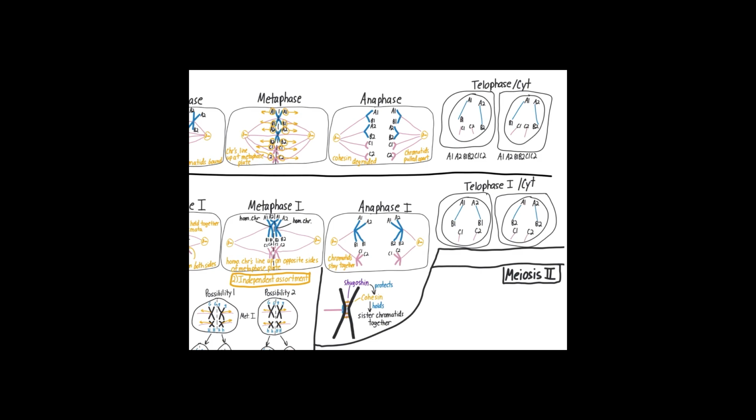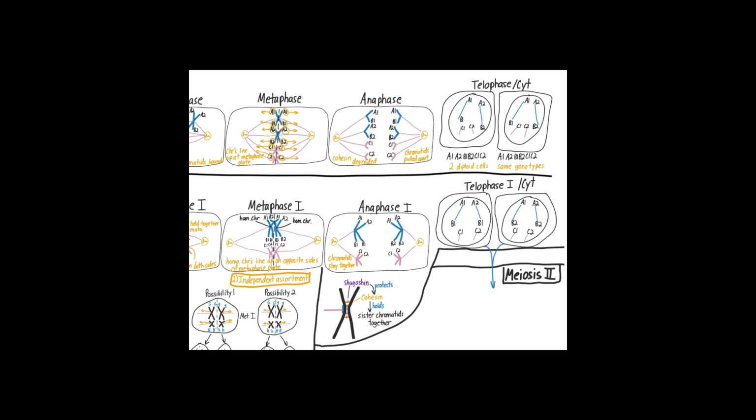Again, because the same alleles are getting pulled to either side, this produces two diploid cells with the same genotype. By this point, the chromosomes have also decondensed and the nuclei have reformed. During telophase 1 and cytokinesis, the cell also splits, although the daughter cells have different genotypes as we've seen.